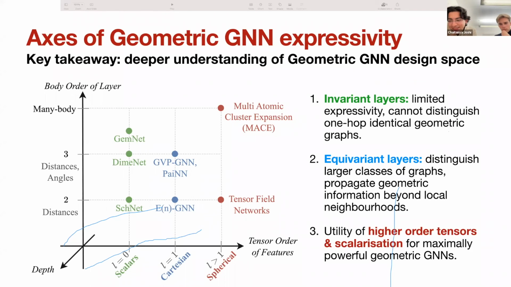But I think there could be some ways to draw connections to this geometric graph setting as well, especially if you make certain assumptions about how these geometric graphs are created. I know that planar graphs also have some definitions, right? And similarly, we maybe have to make certain assumptions about the definition of these geometric graphs. But that sounds like a very interesting and relevant result to try to translate to this setting as well.